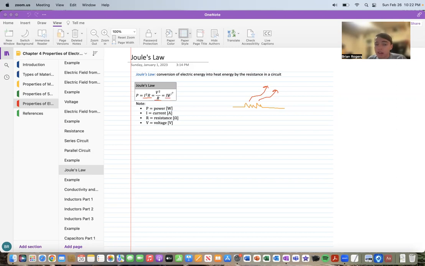What they do here is they just substitute in the main equation, which is IV, and they use Ohm's law, which says that voltage is equal to current times resistance, and they substitute in for current. If you just solve for the current here, it's V divided by R. And so they substituted in for current in order to get this equation here, or they substituted in for voltage.